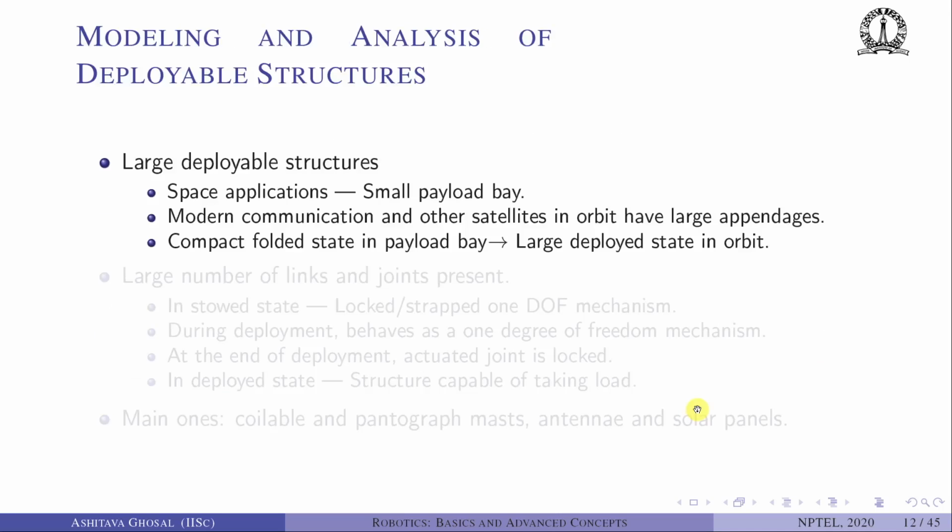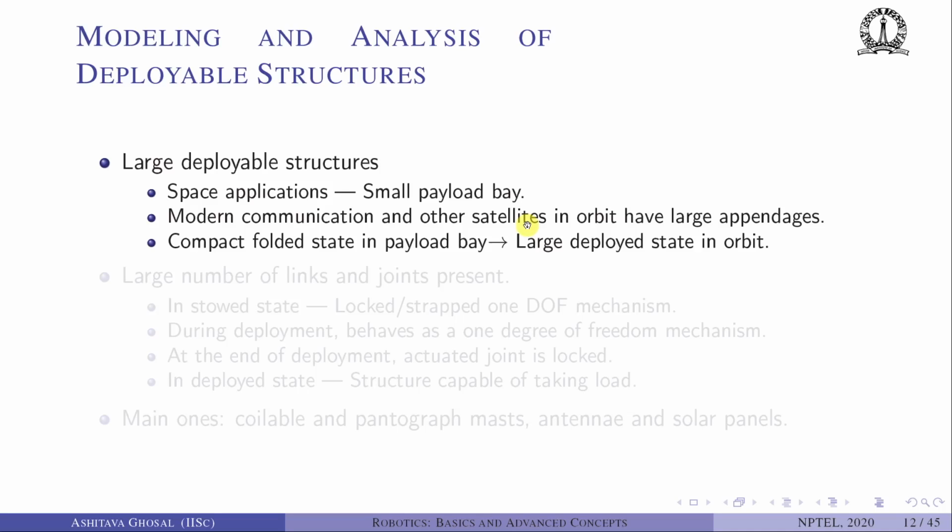So let's continue. As I said, there are these masts or large deployable structures which are used in space applications. The main reason is that in space applications, the payload bay where you will store your mechanism is very small. However, modern communication satellites and other satellites in orbit have very, very large appendages.